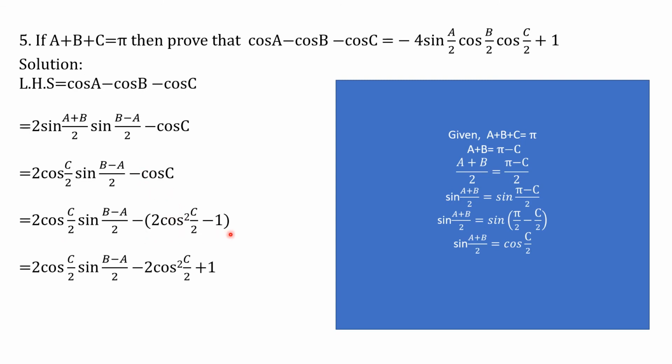Now we'll open the bracket over here to get minus 2 cos square C by 2 plus 1. Then you can easily check, here is 2 cos C by 2. It is also 2 cos C by 2, which we can take common to write this final line. Isn't that? I hope this is clear to you.